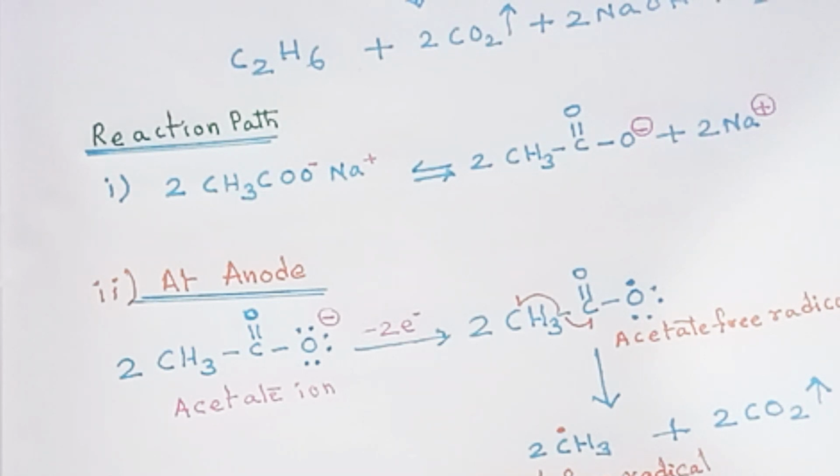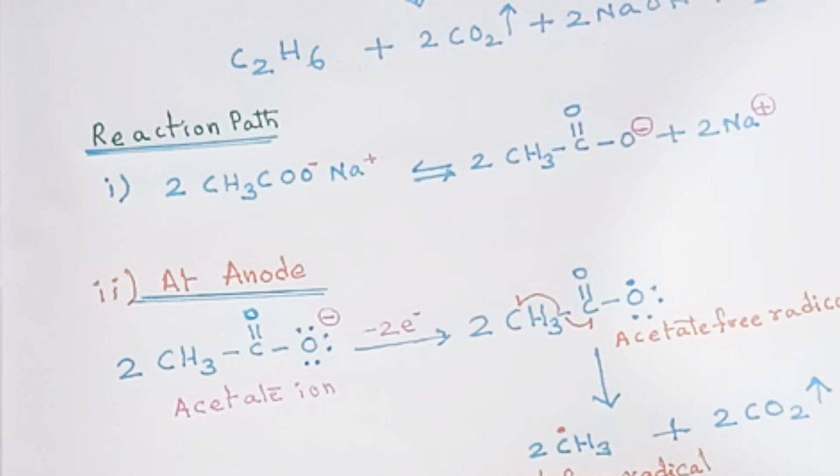Water can be written as H single bond OH. One of these OH bonds will split homolytically. 1 electron goes onto the oxygen, another electron goes onto the hydrogen. As a result, we get hydrogen free radical and we get oxygen free radical. This oxygen free radical will combine with this electron to become OH minus.